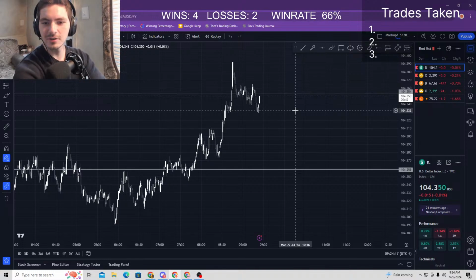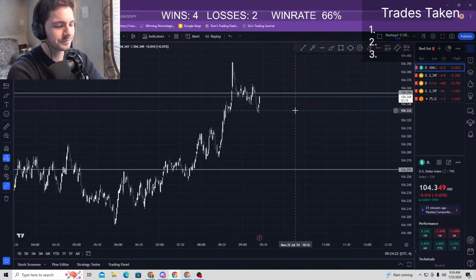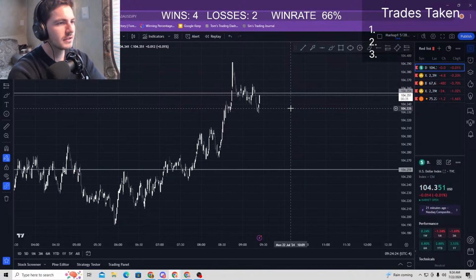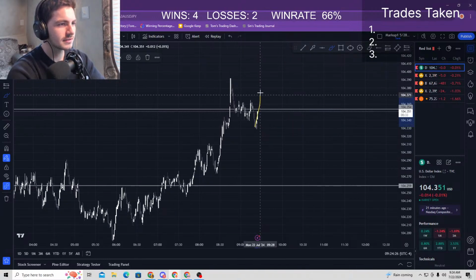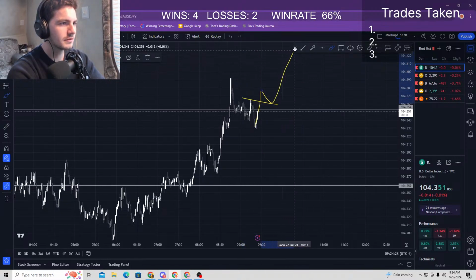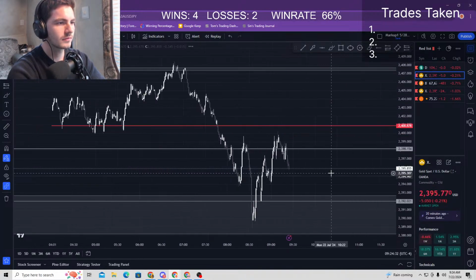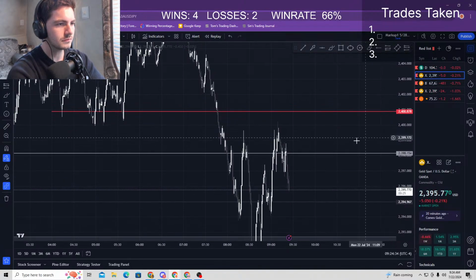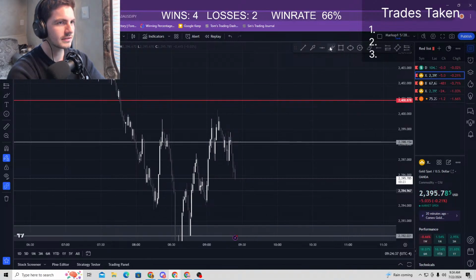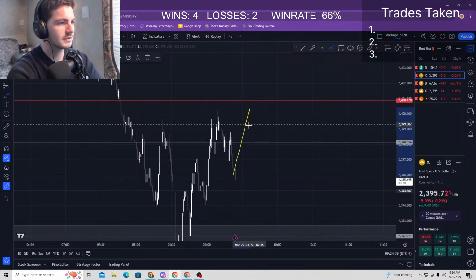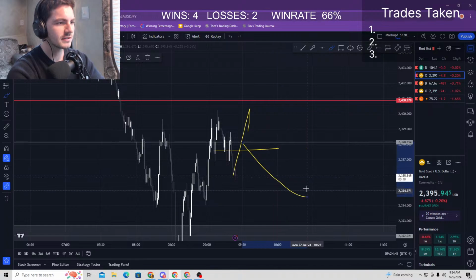Yeah, DXY is not correlating right now, so there's probably not going to be a trade happening right now. I think if DXY can break these highs on the 1 minute, that would be sweet. Gold also has to come back up for a retest at least.